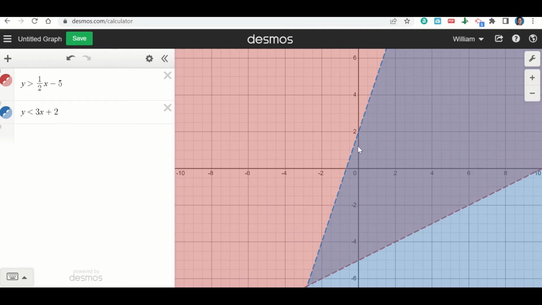So all of this area here would represent the solutions to the system of inequalities. We can enter this in with any equations, any inequalities, and it will graph it for us and show us exactly where the solution should occur. So that's how you can use Desmos to check your work when dealing with systems of linear inequalities.